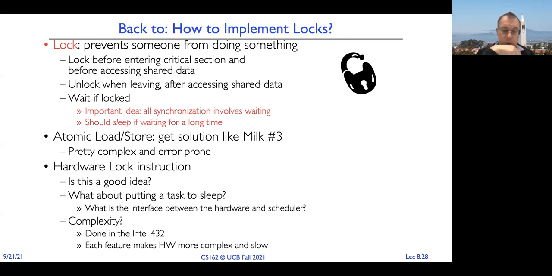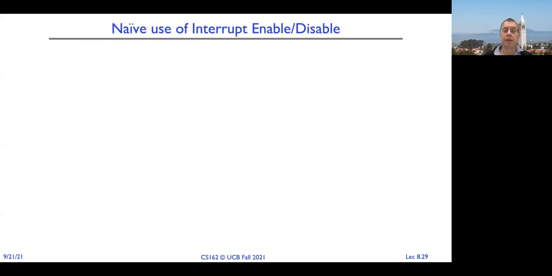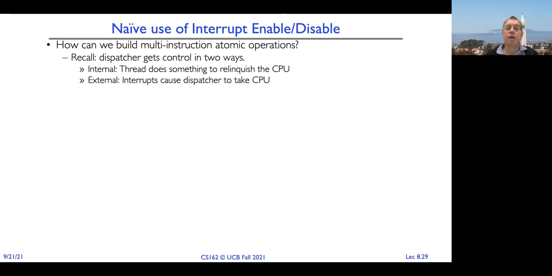There are some processors doing it, but again, the complexity is high and it's also slow. And because the chip is more complex, it actually slows down many other instructions.